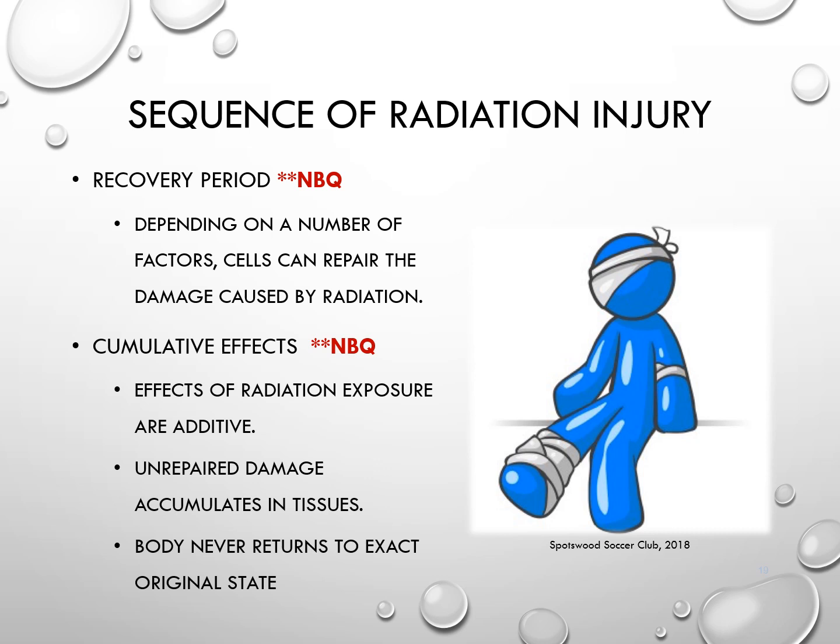Basically what I want you to take from that is that some of the effects of radiation exposure are additive or cumulative, right? Like a cumulative grade point average. This is a cumulative effect of cellular damage that occurs over time, over repeated exposures. Unrepaired damage accumulates in those tissues. The body never returns to the exact original state.